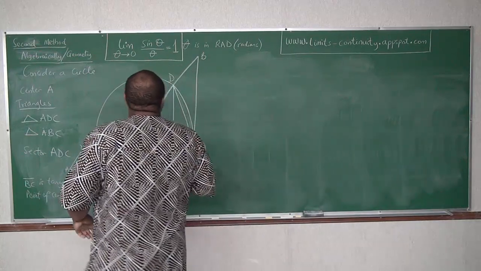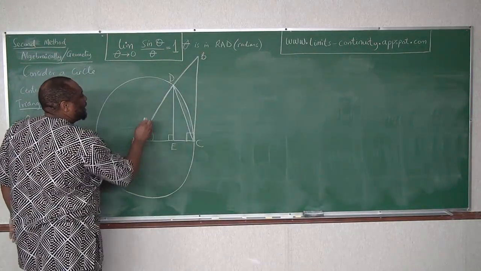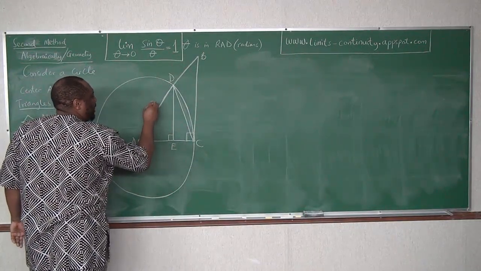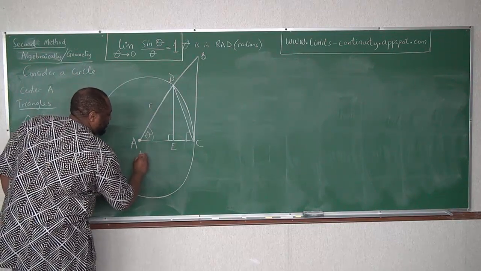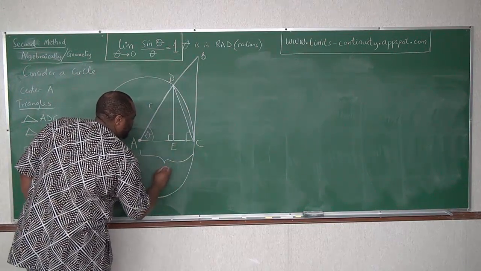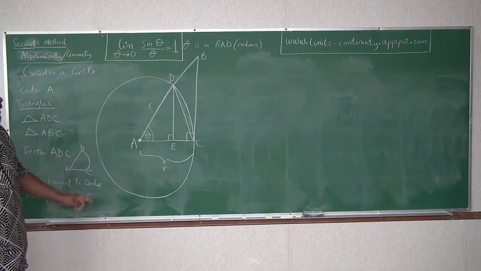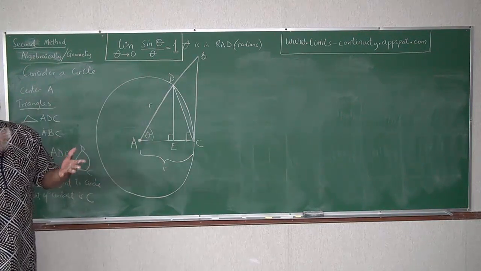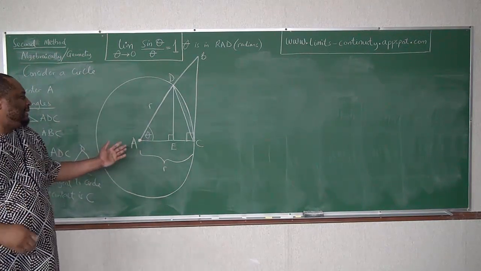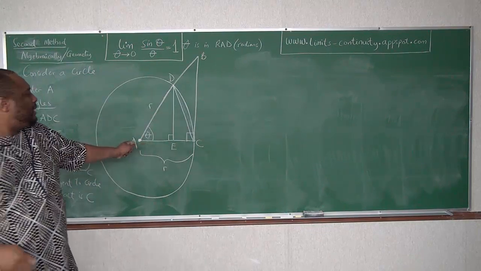Now, this is radius, because this is from the circle center. So this is radius here, and this is also radius. The radius is the line from the center to the circumference.